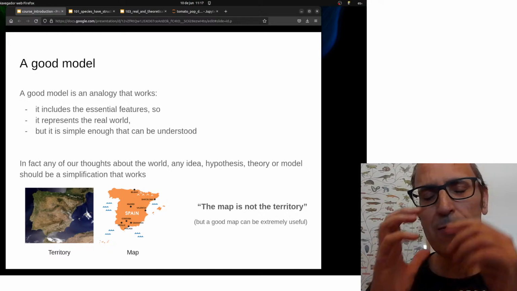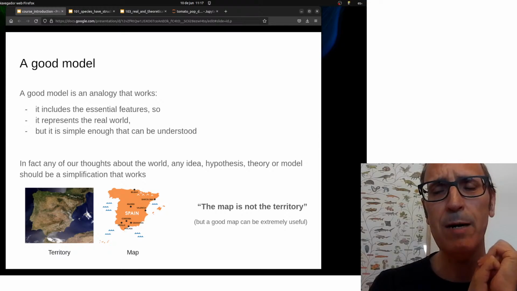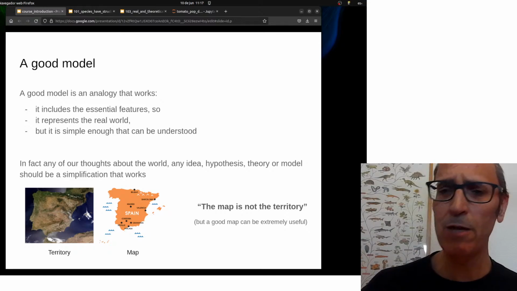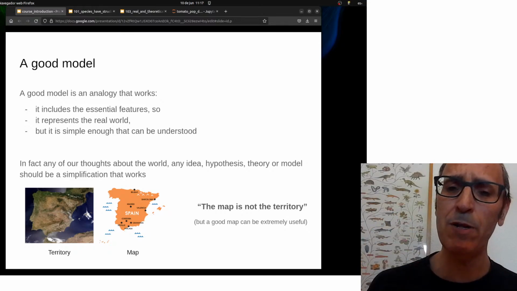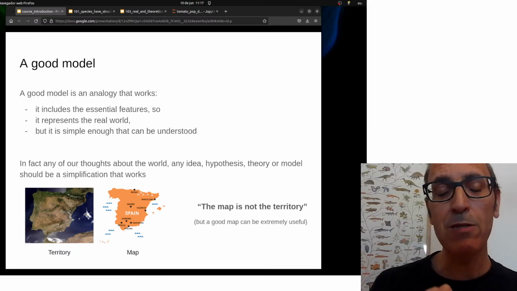You might think about this in this way. A very useful analogy is thinking about territorial maps. Reality is the territory, it's what is outside, okay? The models, the hypotheses that we build, are maps of this territory. They will be simplified, but they are useful. They guide us in the territory. But mind you, the map is not the territory, okay?